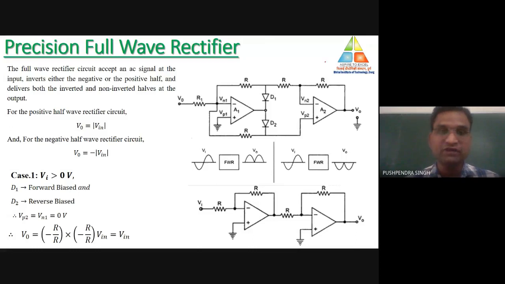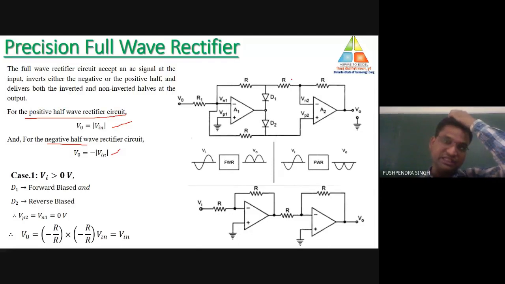That means for the positive half cycle we will get the output signal, and for the negative half cycle also we will get the output signal. That's why this is called a full wave rectifier circuit. So for the positive half cycle, output is Vin. For the negative half cycle, output will be minus of mod of Vin. So for each level of the input signal waveform, we will get the output.